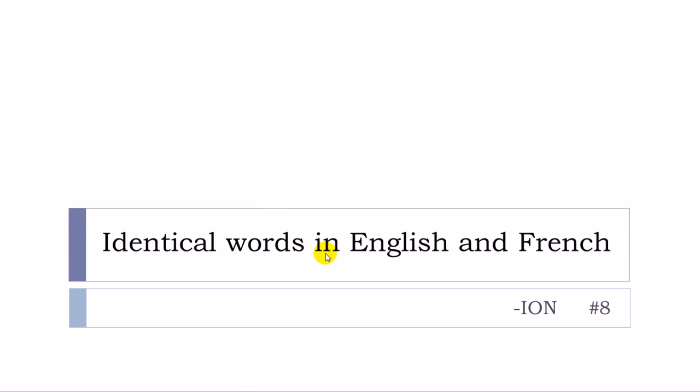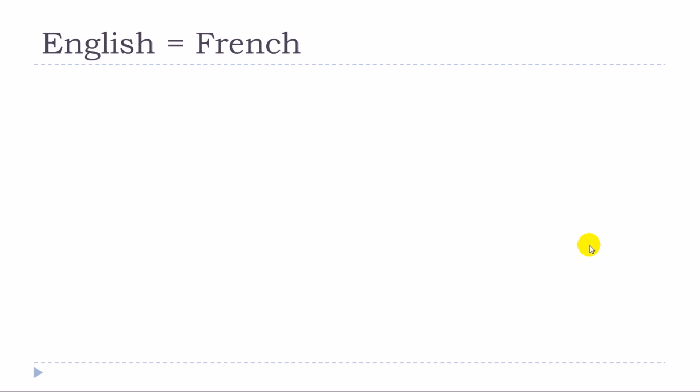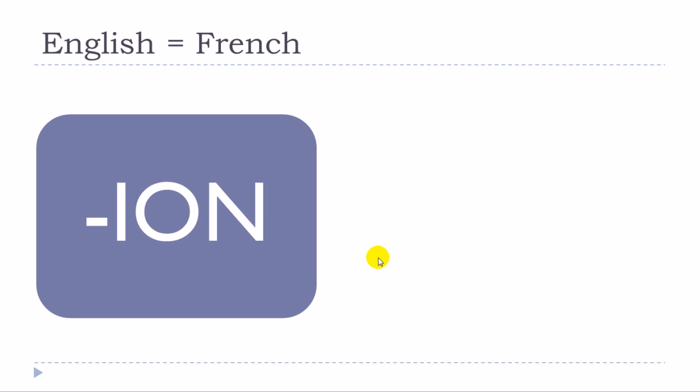Identical words in English and French, and in this video we'll only focus still on the words in English that end with EON, and that will be the same in French. So in some cases, persons tend to say that all the English words ending with EON are exactly the same in French.